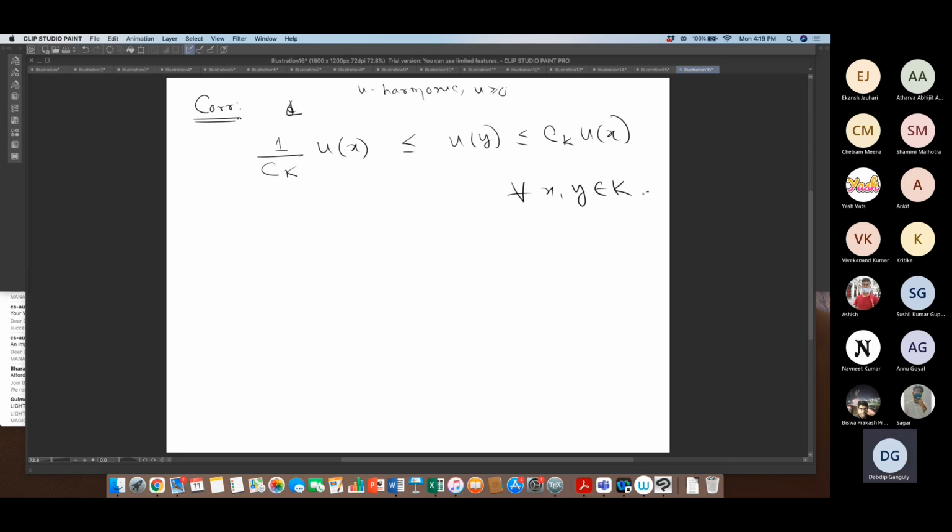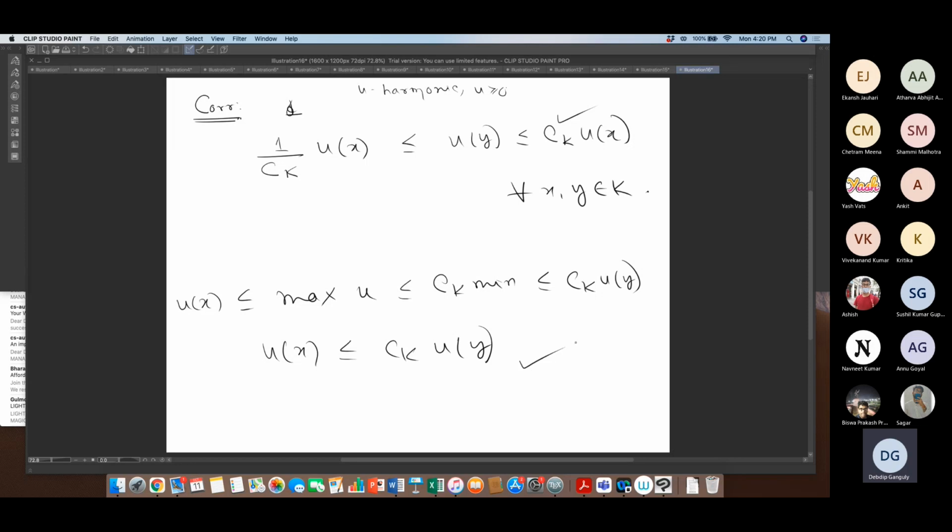Can anyone tell me why this corollary holds? Because u(x) is less than or equal to the maximum of u, which is less than C_K times the minimum of u, which is less than C_K times u(y). So u(x) is less than C_K times u(y). Clear? One-sided, you just put 1 by C_K here and you can get the other way around also.